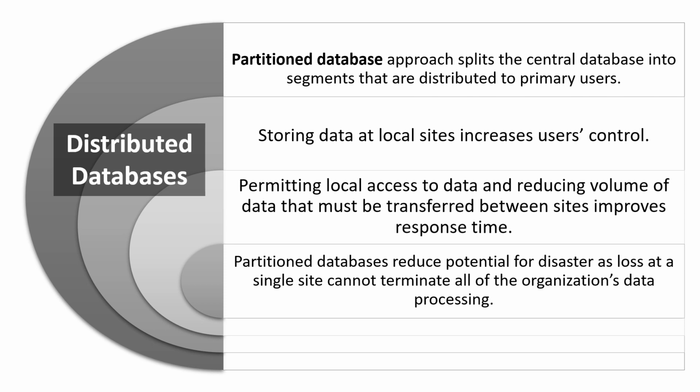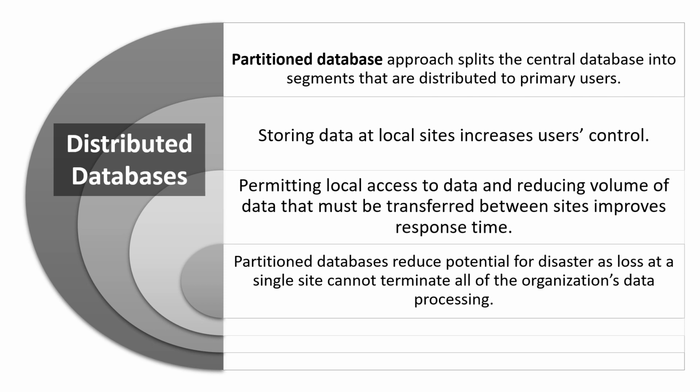And the partitioned database also reduces the potential for destruction or disaster, as losses at a single site cannot terminate all of the organization's data processing. Meaning that, let's say we store the data in a distributed database approach, so you keep some data in one site, location 1, location 2, and so on.